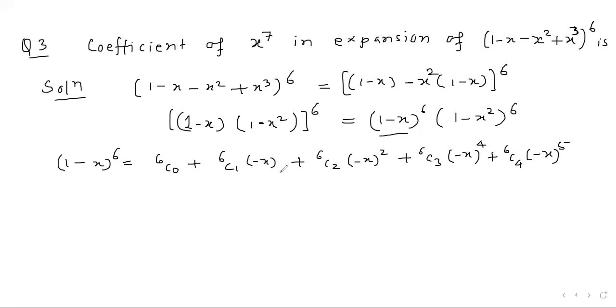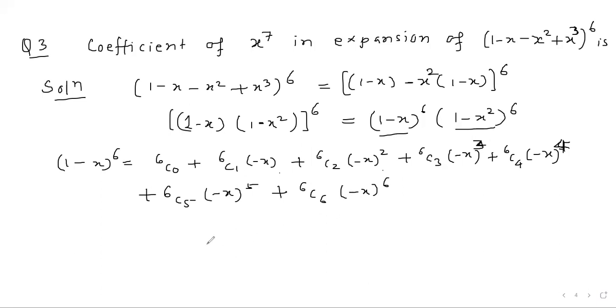Sorry, 6c0, 1, 2, this is 3, this is 4. Then next is 6c5 minus x power 5 plus 6c6 minus x power 6.